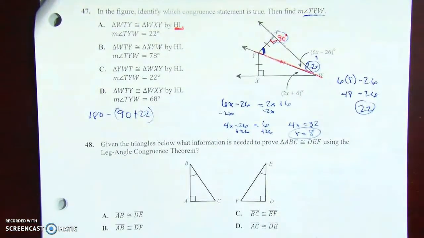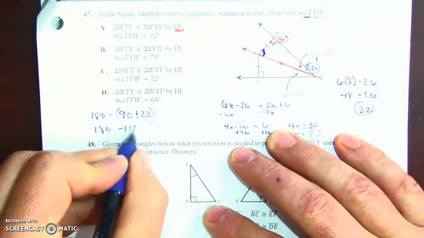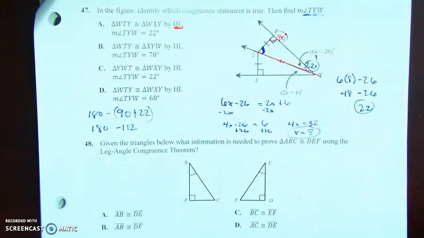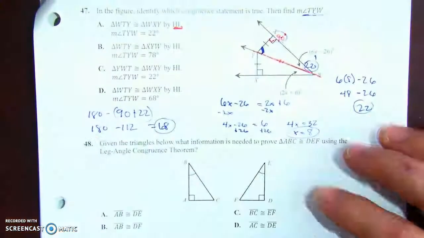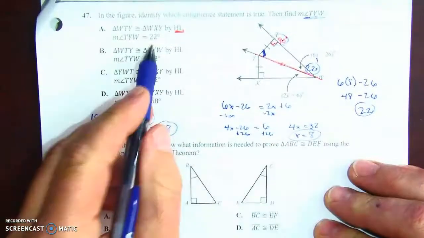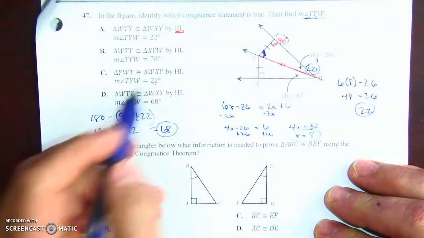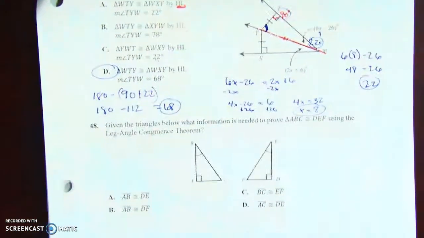So 22 plus 90 gives us 112. Then 180 minus 112 gives us an answer of 68. So out of all these, which one equals 68? Notice they have 22 in here. They're throwing you off. They're going to trick you. And the answer in this case will be D.